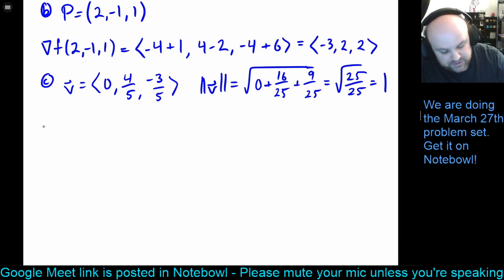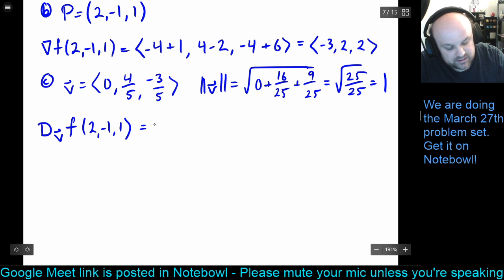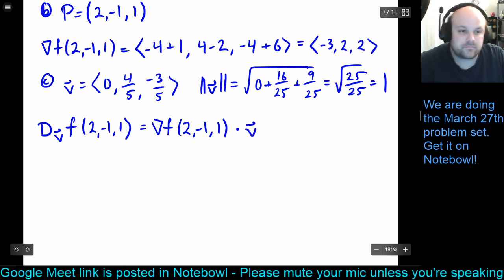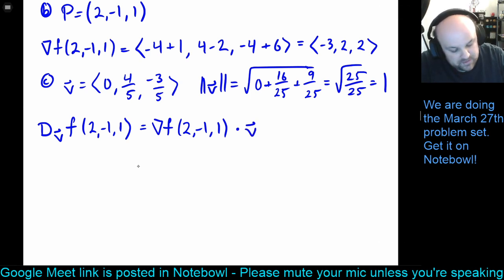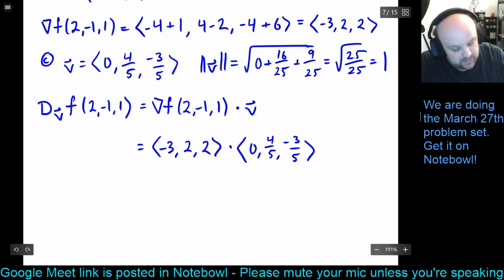All right, so the directional derivative in the direction of v of f at the point (2, -1, 1) is going to be the gradient of f at this point dot product with v. Right? And so this is (-3, 2, 2) dot product with (0, 4/5, -3/5).